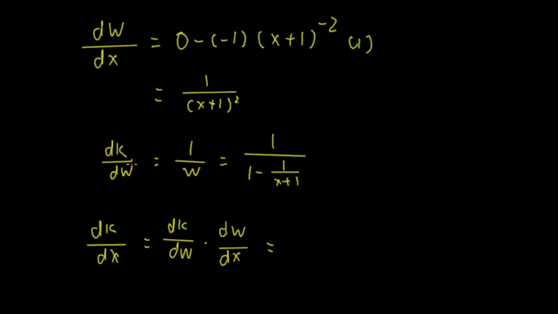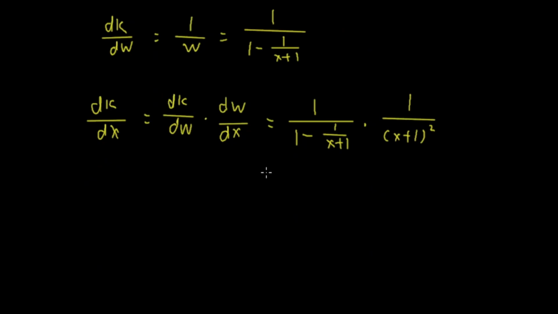Okay, so dk over dw is this, 1 over 1 minus 1 over x plus 1, times dw over dx, which is this, 1 over x plus 1 squared.